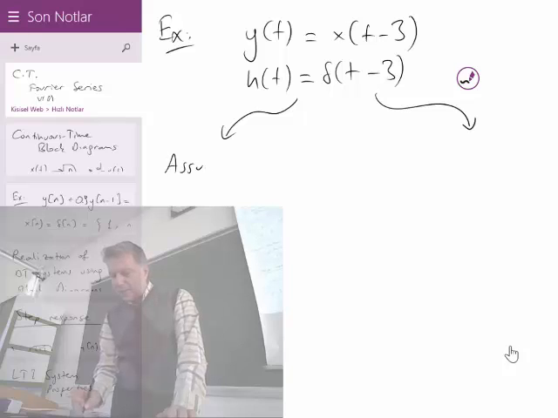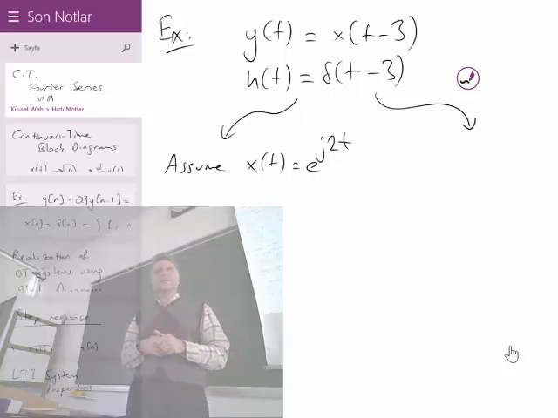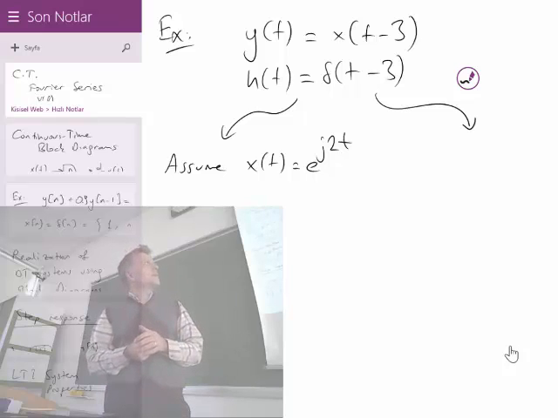Assume that you apply an input x of t like this, e to the j2t. This is a complex sinusoid with a cosine and a sine term. Complex magnitude. It's a sinusoidal oscillation. What is the frequency? The frequency is 2 radians per second.